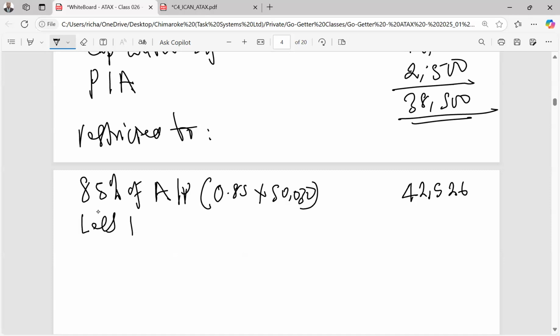Less 170% of PIA. That's the formula for the restriction. So just memorize: 85% of accessible profits less 170% of PIA. So this is 1.7 times 2,500.